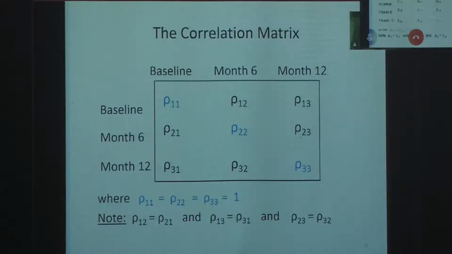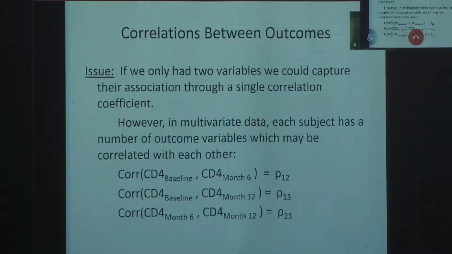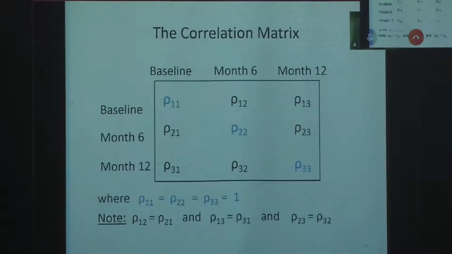So conceptually, I think this is easier, but when you get to 5 or 10 different time points, there's just too many correlations to list. And so the convention is to think about them, present them in terms of this sort of matrix. On the diagonal, it's the correlation between a measurement and itself, and so that's equal to 1.